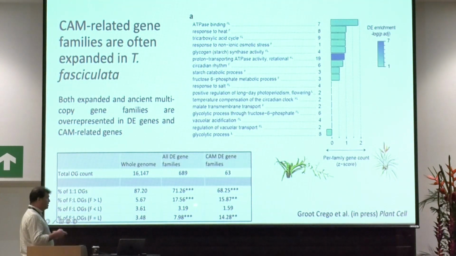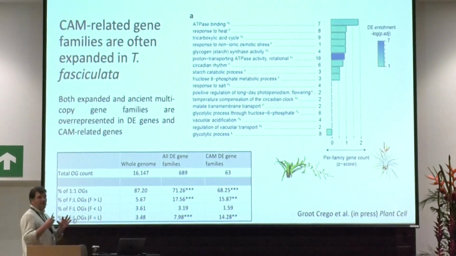They are particularly overrepresented, compared to the rest of the genome, in the gene families which have more members in fasciculata, the CAM species, compared to leoboldiana, and also overrepresented in gene families which have an equal amount of members.